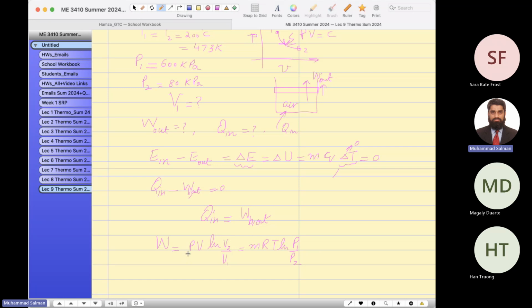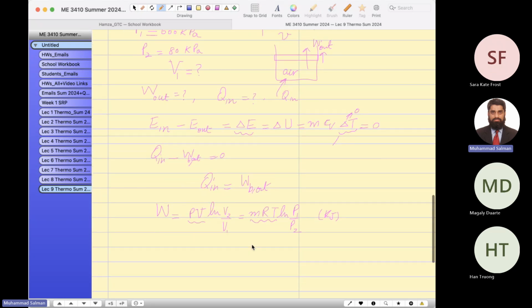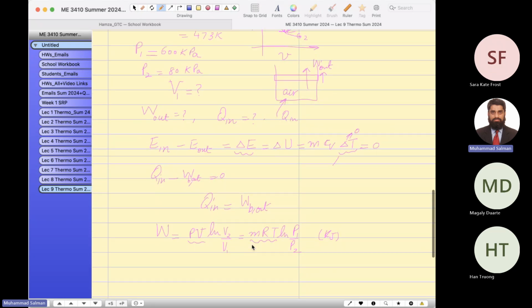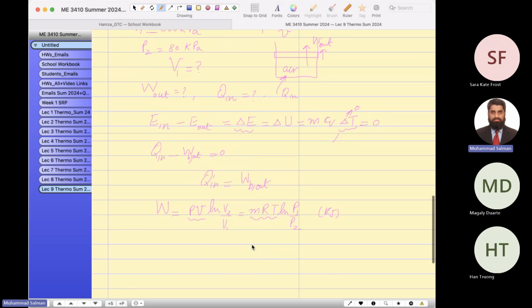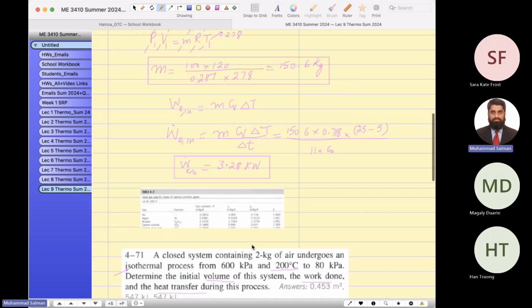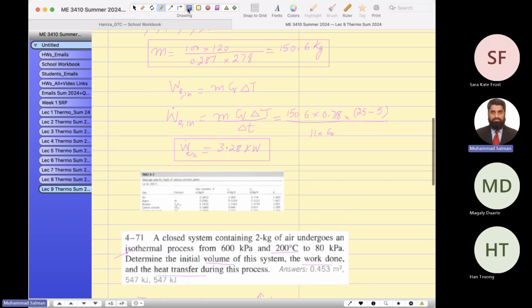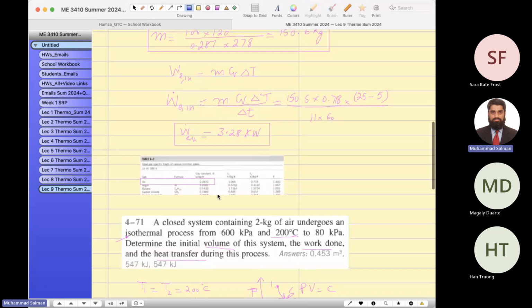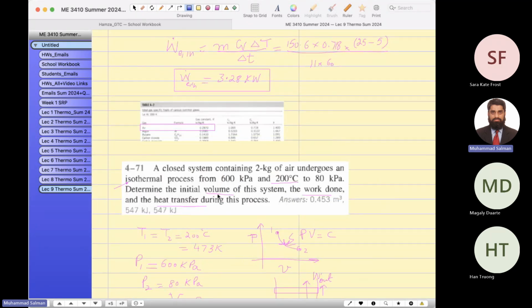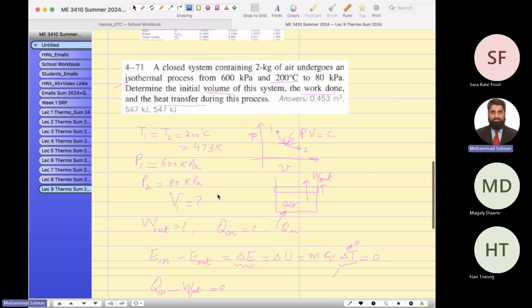Now this is specific volume, and this is big volume, because the answer will be in kilojoules. Now we have pressure one and the pressure ratio, we have temperature, we have mass. R we already know for air from table A-2, it is 0.287, correct? And the mass is given, which is 2 kilograms.